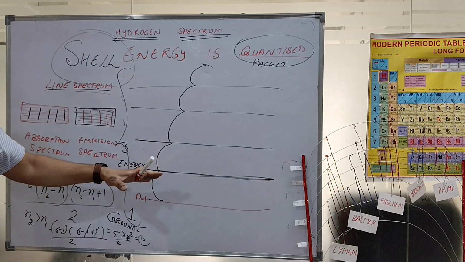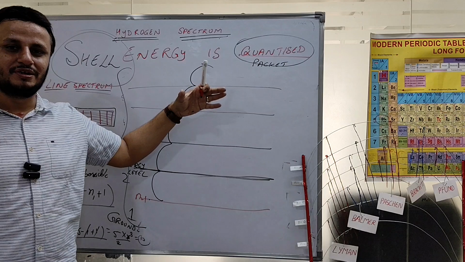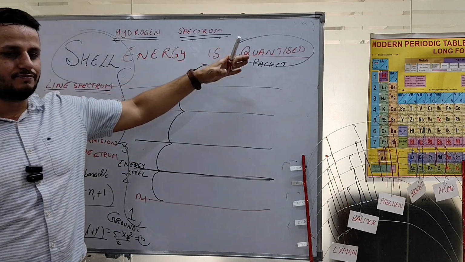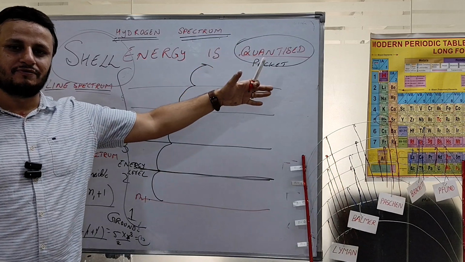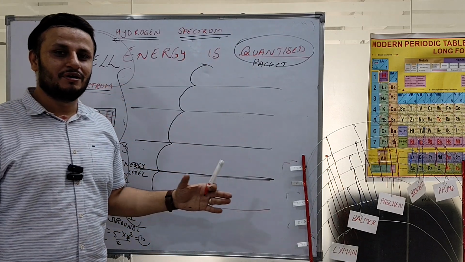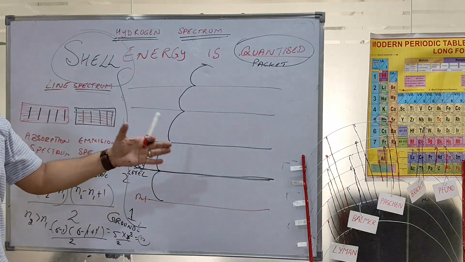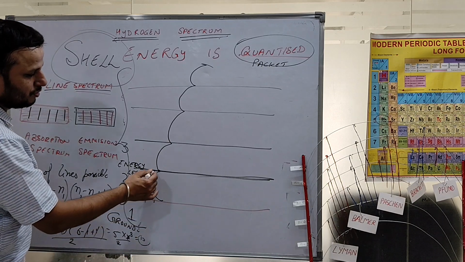Electron का जो पाथ था, it had some discrete values, it had some fixed values, it had some packet values, and these values were given the name energy level or shells by Bohr.